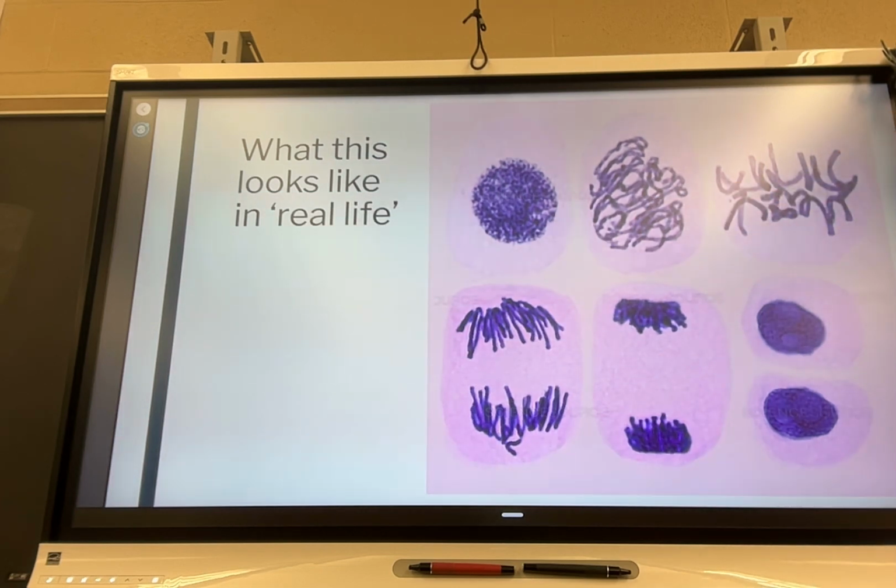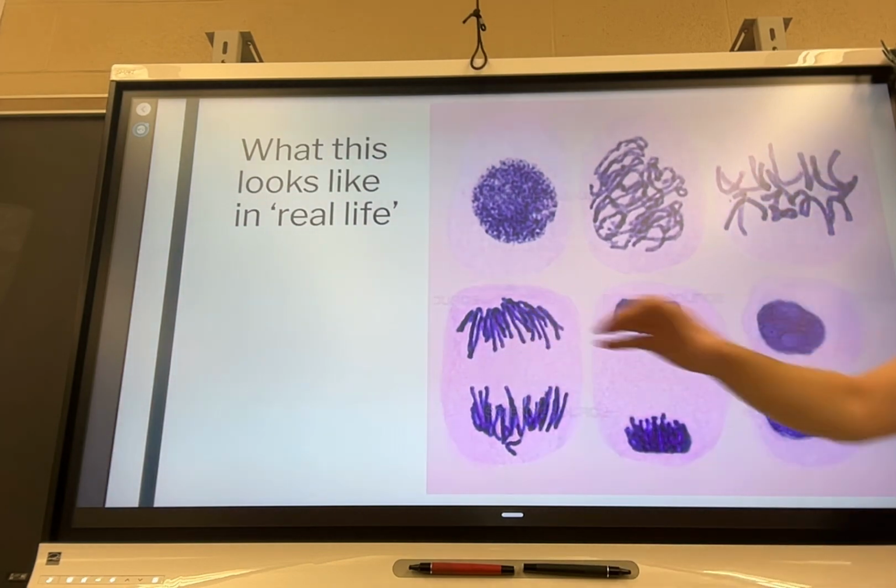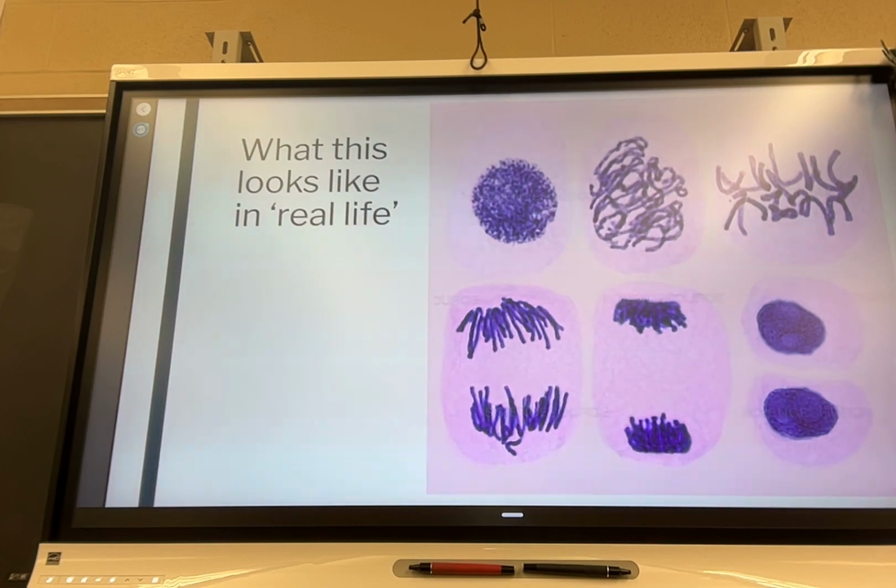In metaphase, we see that they are lined up in the middle. Anaphase, they are starting to pull away to the different poles, the different sides of the cell. Telophase, we start to see new nuclei coming back together. And finally, cytokinesis, they are fully separated.